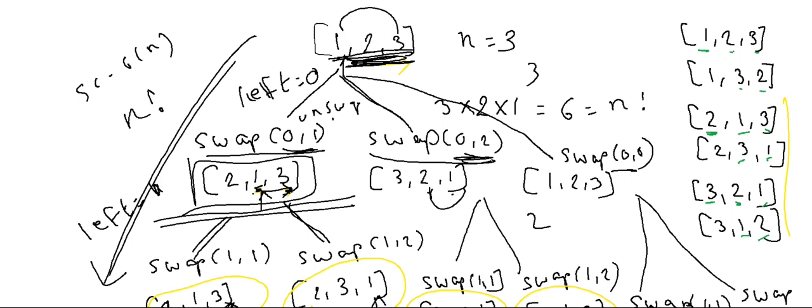For example, if I'm swapping the element at 0th position with the element at the first position, I'm going to get 2, 1, 3. My array will be like this.